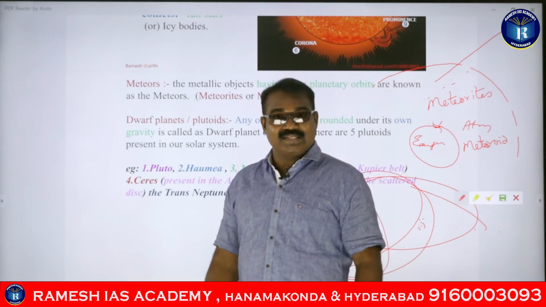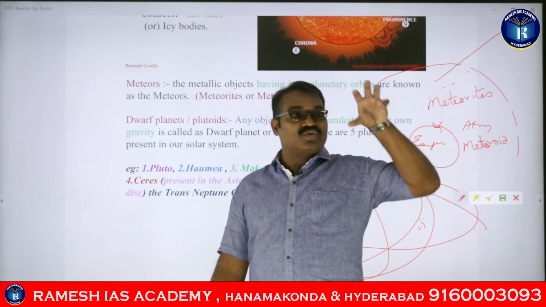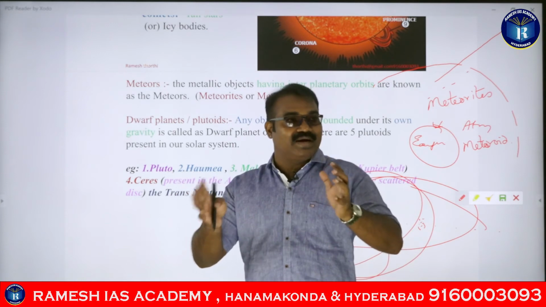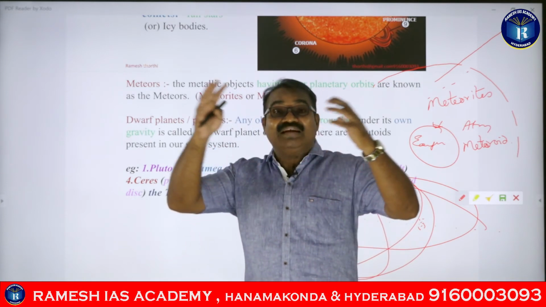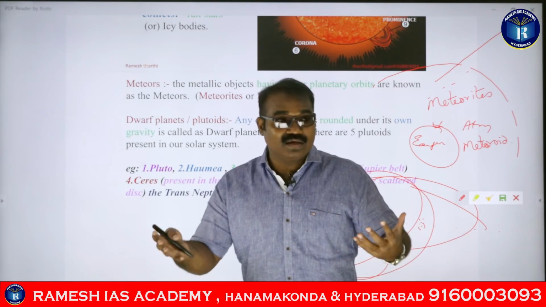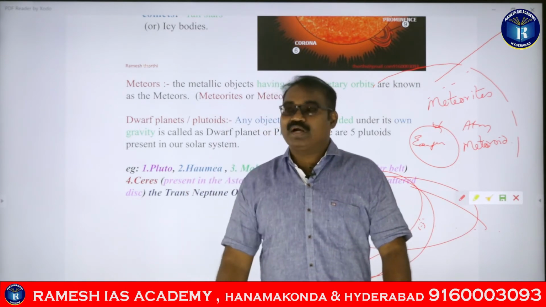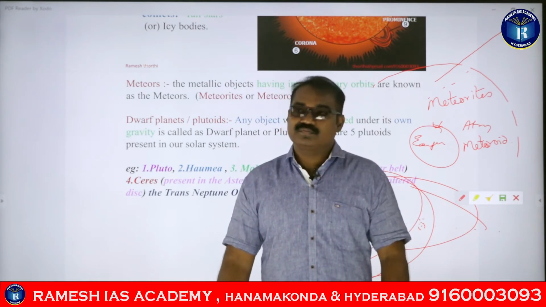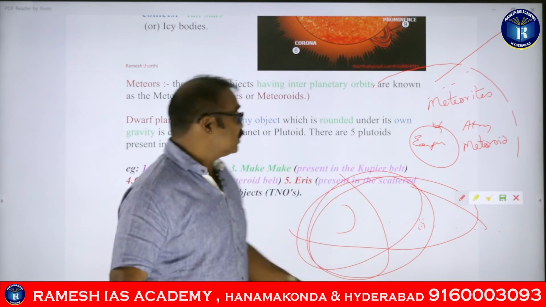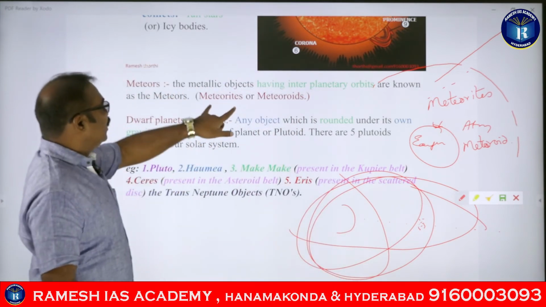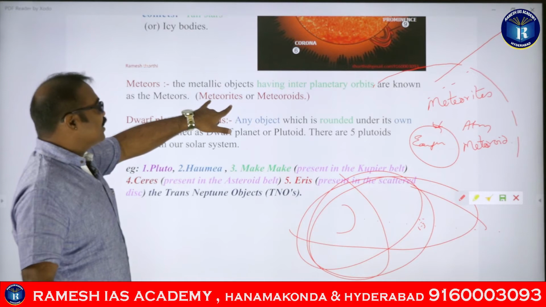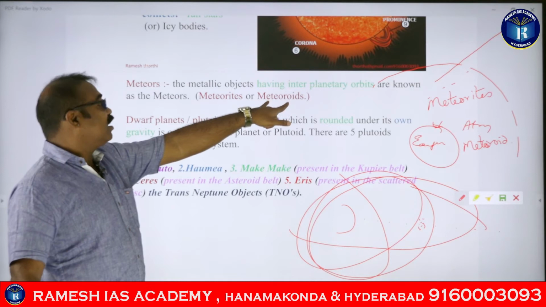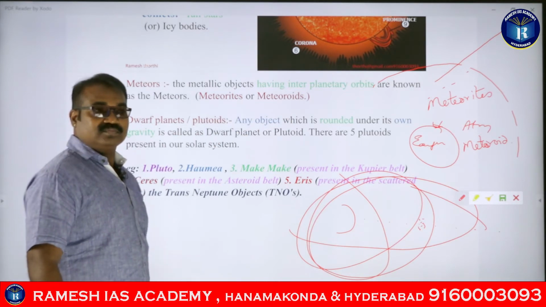There is a theory which says that a big meteorite struck the earth, and because of that the earth got jolted, and the earth's atmosphere was filled with dust particles, and that killed the dinosaurs. Okay guys, so these are the meteors. If they get burned off, they are called meteorites, and if they strike the earth, they are called meteoroids, guys.